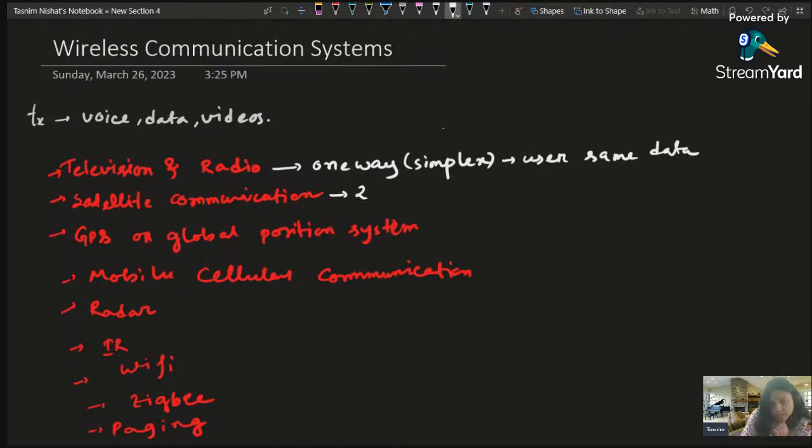Then there are two main components, obviously, ground to satellite and satellite to ground.